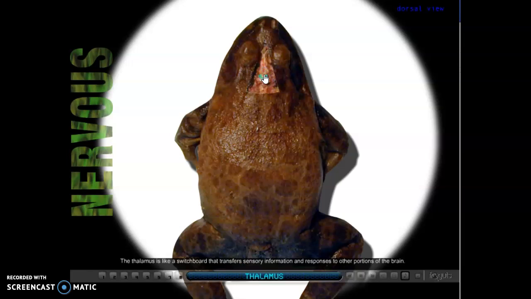The thalamus is like a switchboard that transfers sensory information and responses to other portions of the brain.